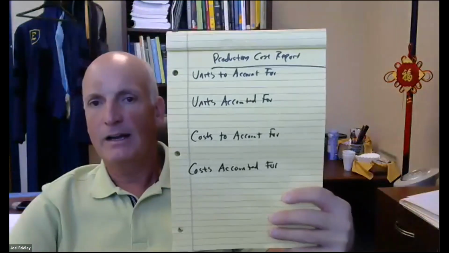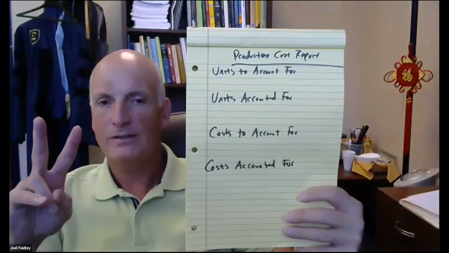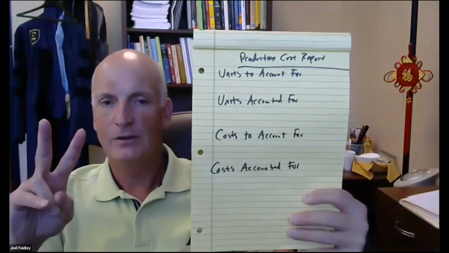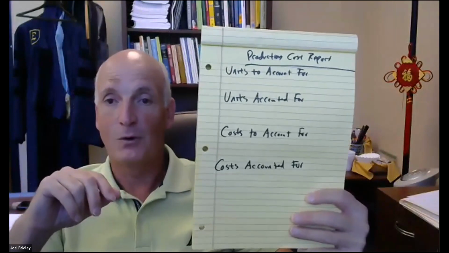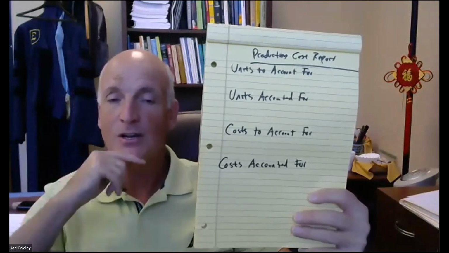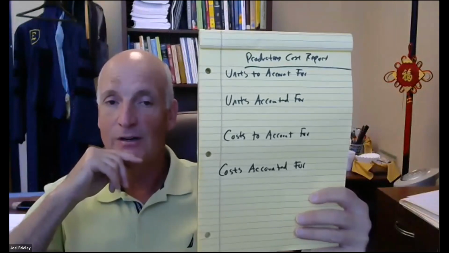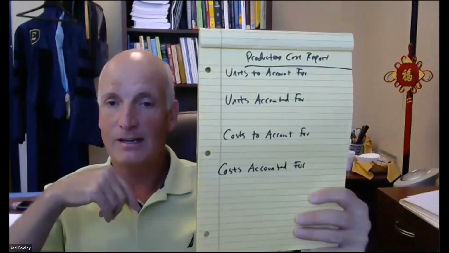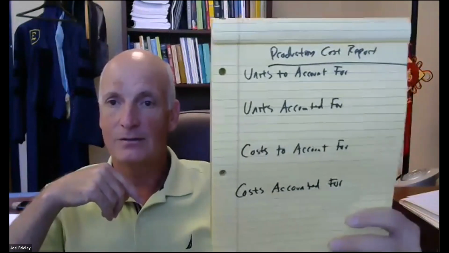Production cost report layout is 2 sections. Unit section and cost section. The unit section, we have to know what the units to account for and then account for the units. And then the second part is how much cost do we have? And we have to account for those costs by applying it to our inventory. So keep this layout in mind when we get to some of these exercises.